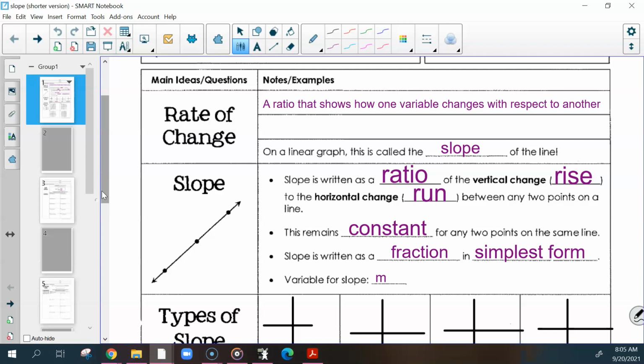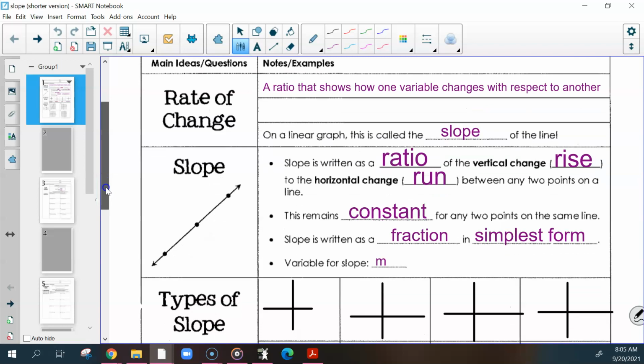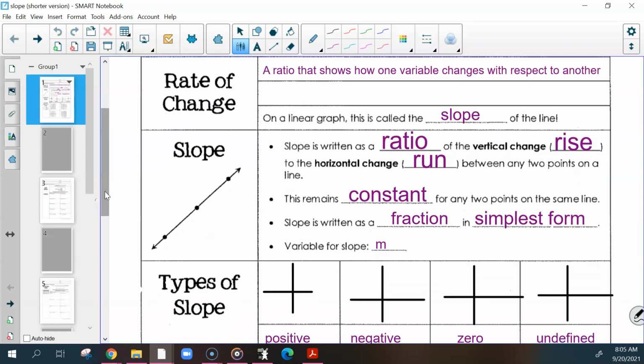Slope is written as a ratio to reflect a vertical change, a rise, to the horizontal change, the run. So we're always going up and down before we go left and right, between any 2 points on a line. This remains constant for any 2 points on the same line.